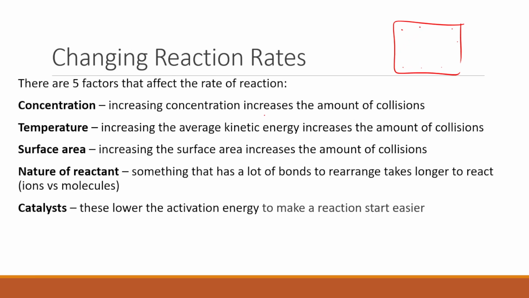But the faster I make this particle move, the more opportunities it has to hit other things. So temperature does both. Temperature increases the amount of collisions. Everything is moving faster. They're moving more, they're going to hit each other more. And it increases the energy that they collide with, because temperature is energy.